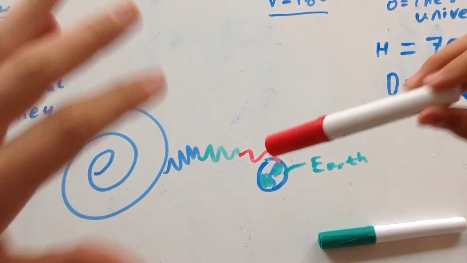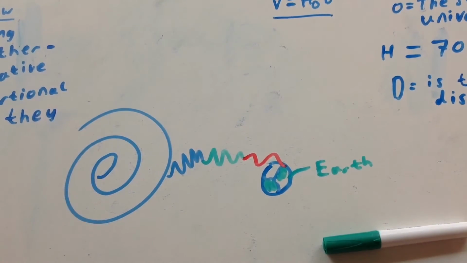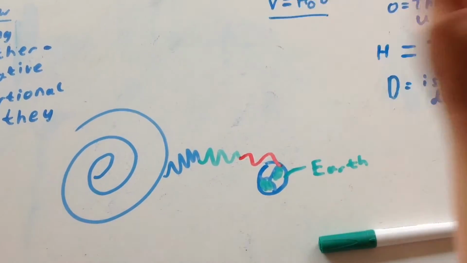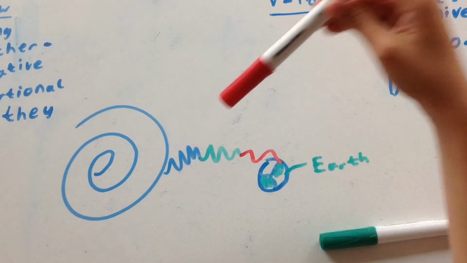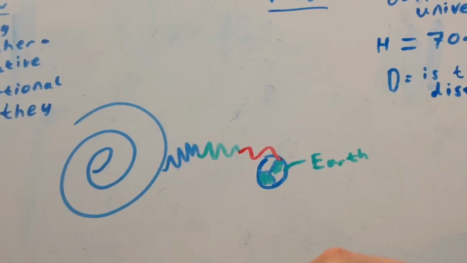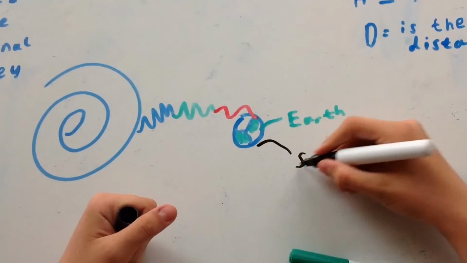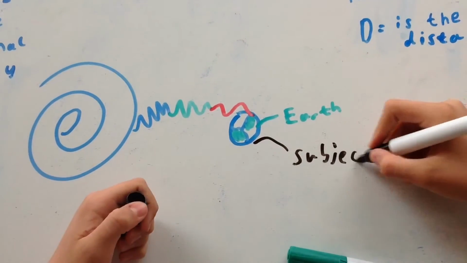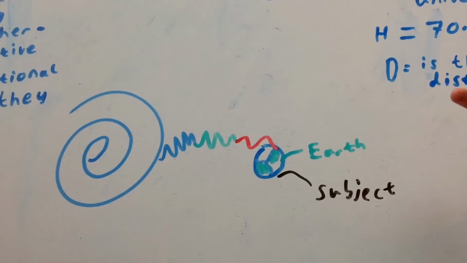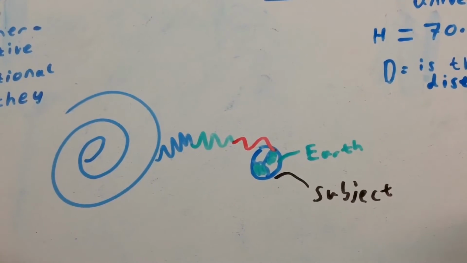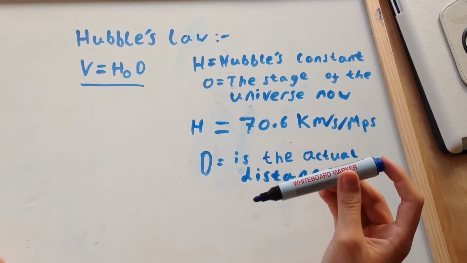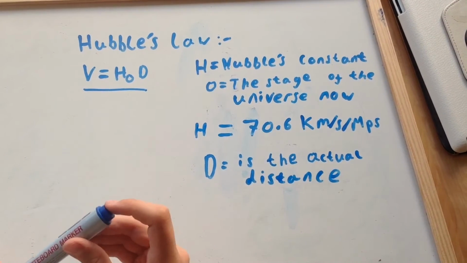When light objects get further away from you at a very fast speed, it'll make this pattern. It'll go from a very high frequency to lower and even lower until it becomes red. And of course, this is us, the subject. That's just how we see it, because of the red shift occurring with the Doppler effect in the electromagnetic spectrum. So now I'm going to show you how to work out equations using Hubble's law.